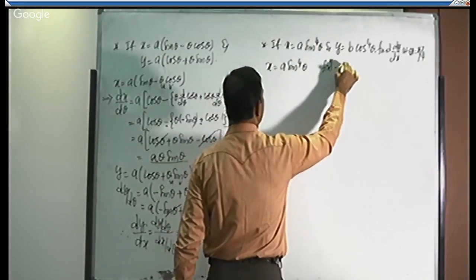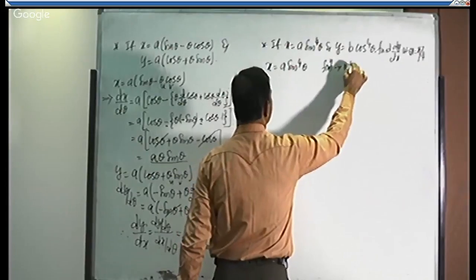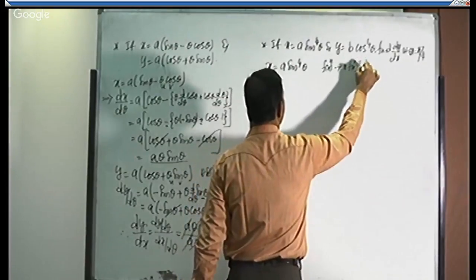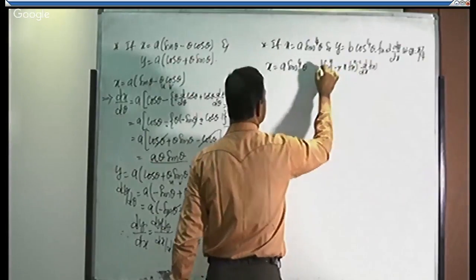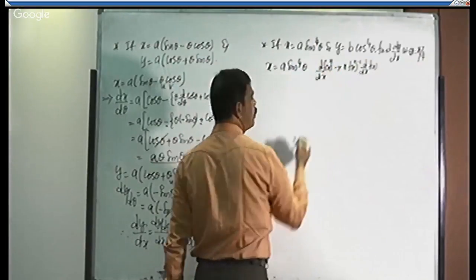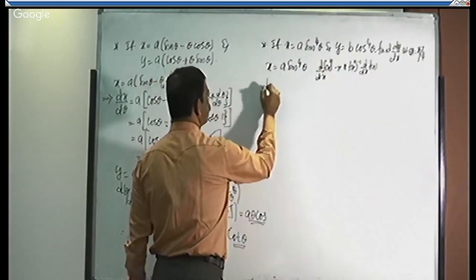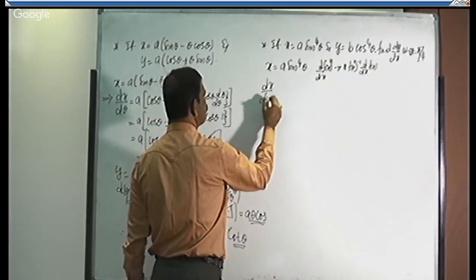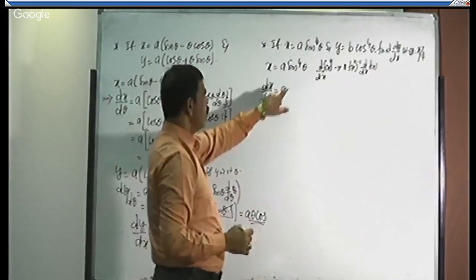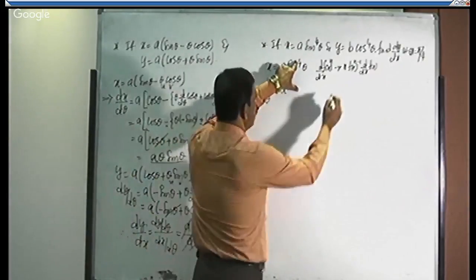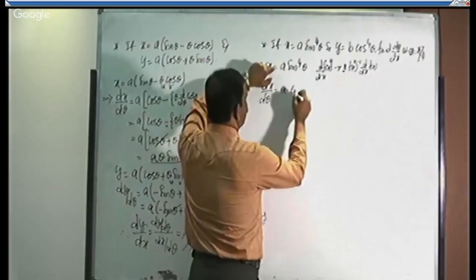What is the answer? n into function to the power of n minus 1 into d by dx of the function. Correct? Chain rule. So according to that, dx by d theta is equal to a into, what is n? n is equal to 4, into function.